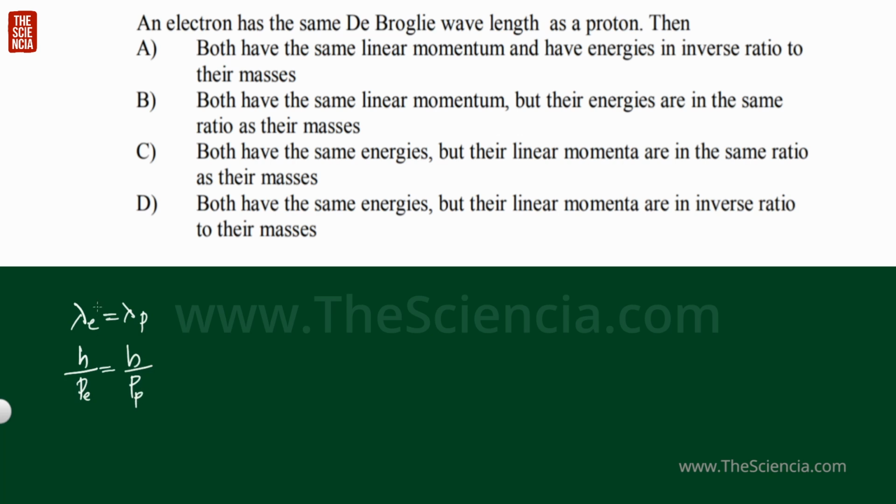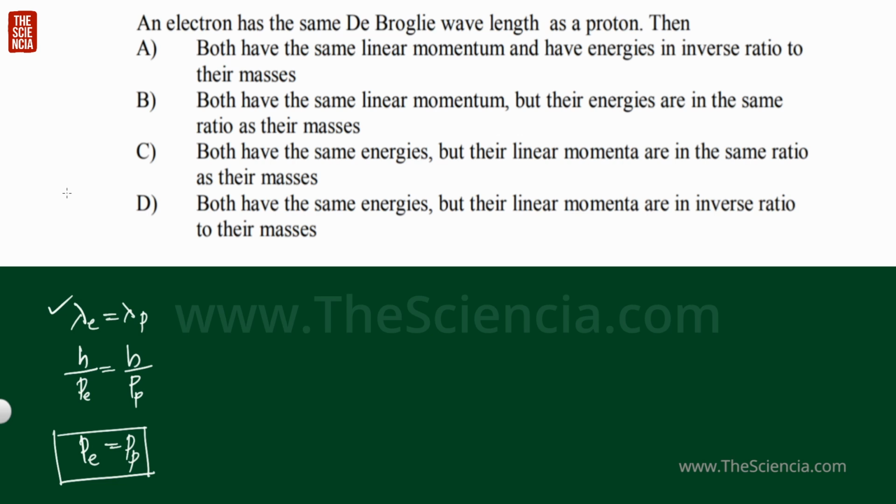For this condition to be valid, PE must be equal to PP. That is, the linear momentum will be the same for both the electron and the proton. Now we can exclude options C and D. So the correct answer is one among A or B.